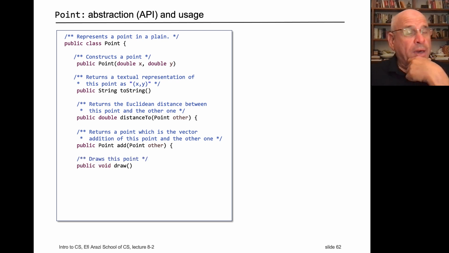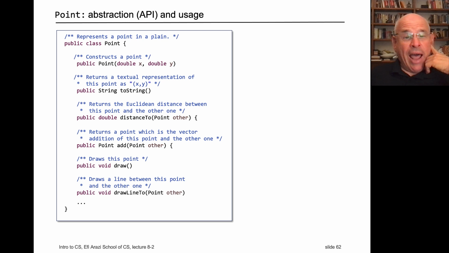We can draw a point, which is kind of interesting. It's not obvious. So we can actually draw a point on the canvas. And we can also draw a line from this point to another point. And we can add many more methods just as the application requires.